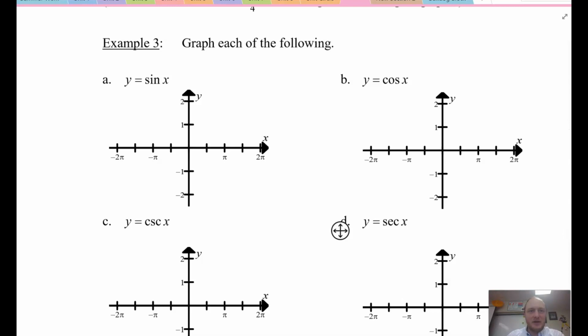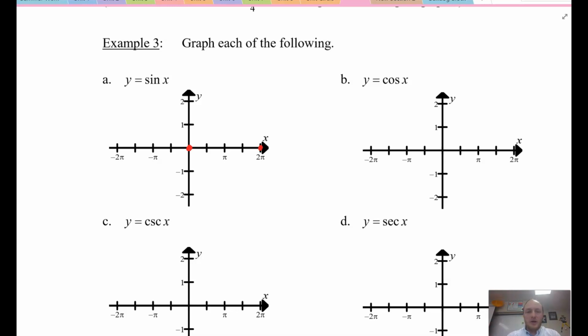Let me switch up my colors. Okay, so sine of x has a period of 2 pi, and it starts at the origin. If you ever forget where sine of x starts, always think about the unit circle. What's the sine value at 0? It's the y value, 0.